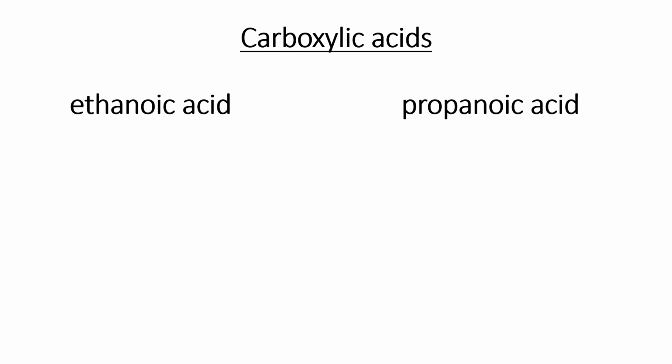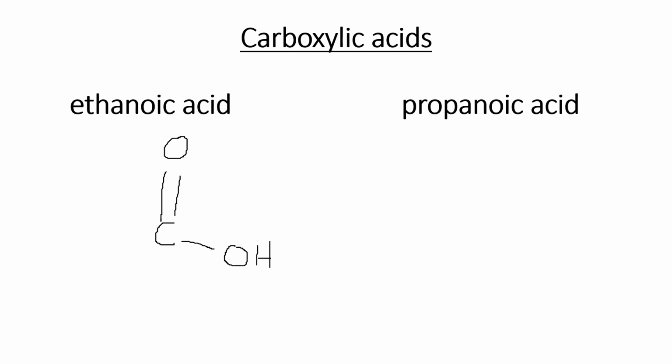Okay, we're going to move on to carboxylic acid group. Now, I'm just going to focus on the displayed formula. So when you have a carboxylic acid group, you have a carbon double bond to oxygen, and then coming off the same carbon, you have a single bond to oxygen, which is bonded to a hydrogen atom.